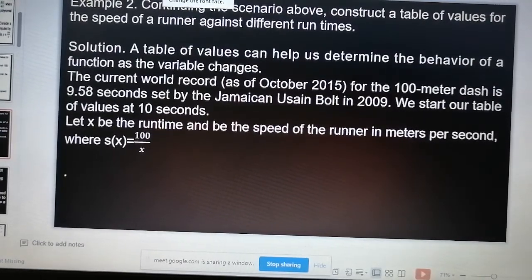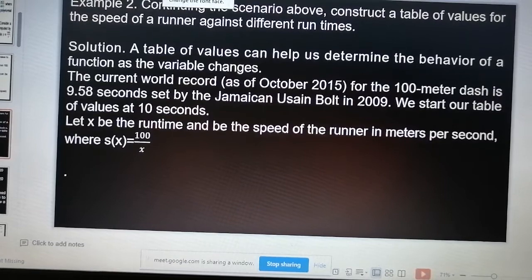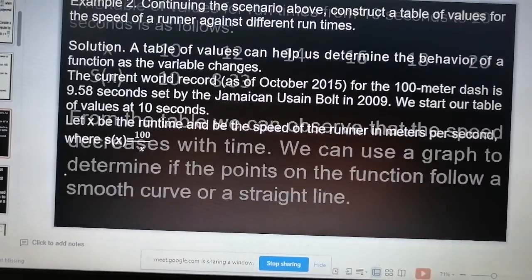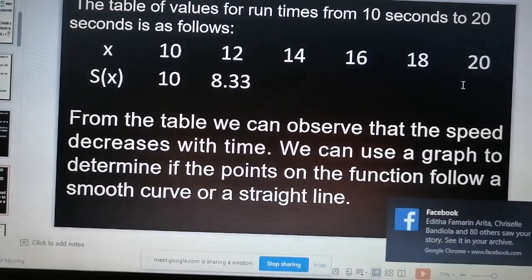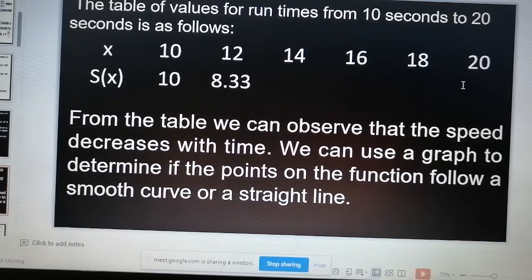Okay, let x be the runtime and S the speed of the runner in meters per second, where S(x) is equal to 100 divided by x. Okay, we have the table of values for runtime from 10 seconds to 20 seconds.